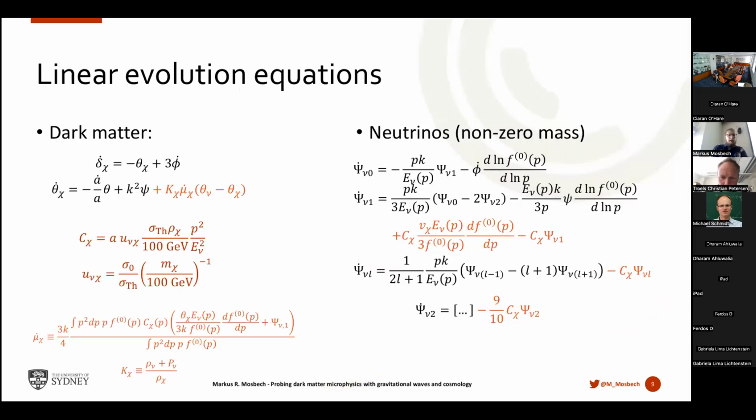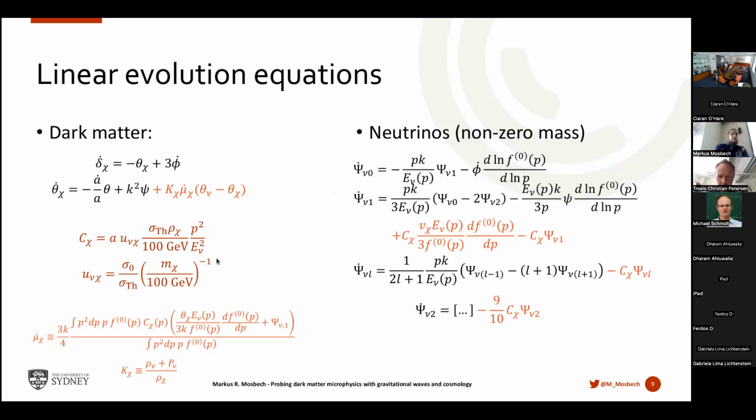I don't normally like putting equations on slides, so I'm not going to go into depth with these. I'm just showing you these so we can see the black is just the normal non-interacting case, where when we add this interaction, we get essentially a scattering term for the dark matter with the neutrinos.